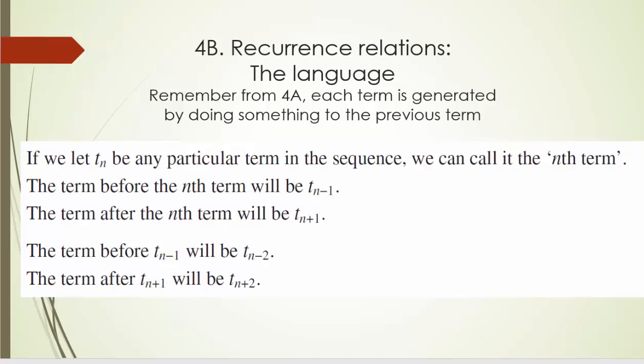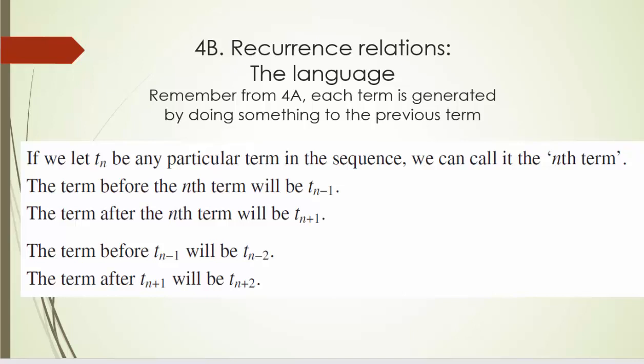It is generated by doing something to the previous term, like adding 3, multiplying by 4, dividing by 2, and so on. Now, what we need to get into our heads is that any particular term in the sequence is described in general by t little n, and we call that the nth term, not knowing what number we're talking about.